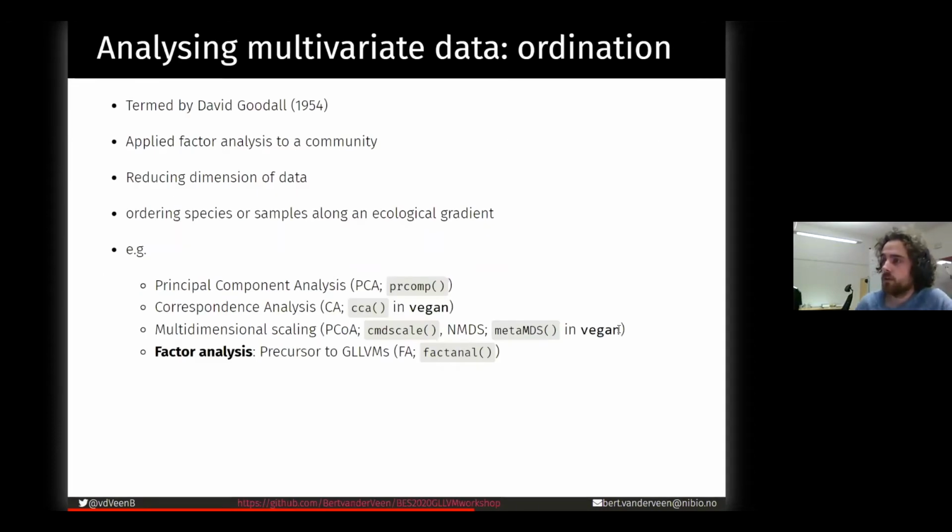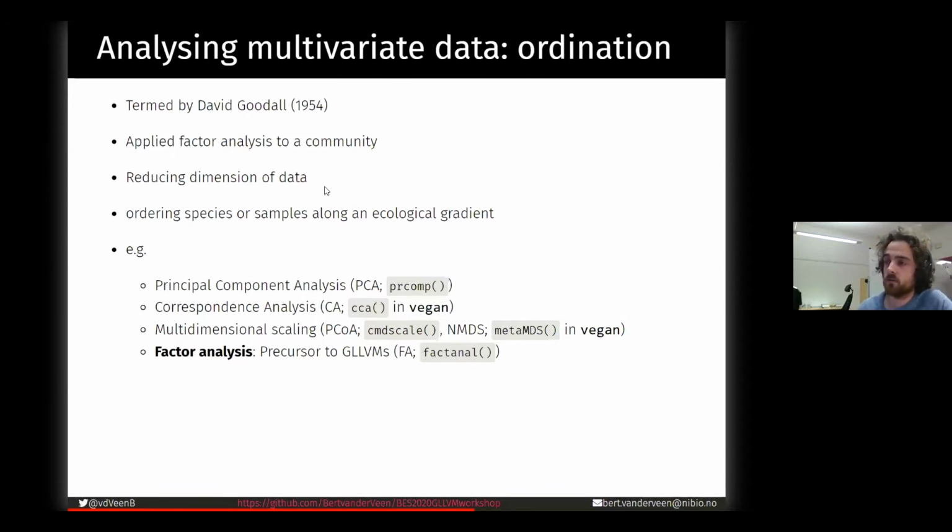So now I'm going to continue with ordination, a term coined by David Goodall in 1954, where he first applied factor analysis to an ecological community. Right, ordination is a bit older. Principal component analysis was developed by Pearson at the beginning of the 1900s, 1904 perhaps.